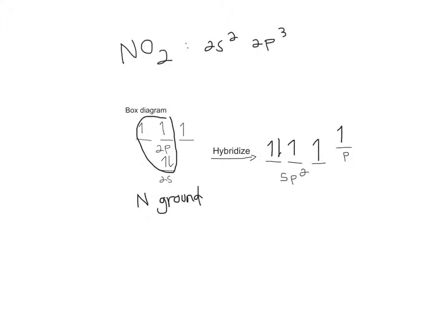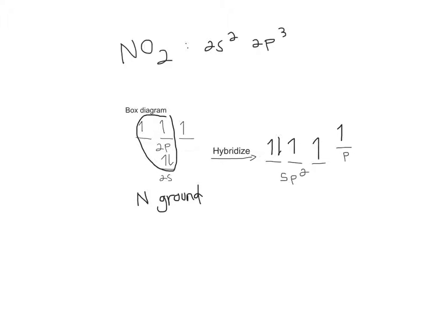And as you can see, I left 1 p orbital right there, which is going to later form our double bond. Just going to get rid of that so I can draw. Okay.